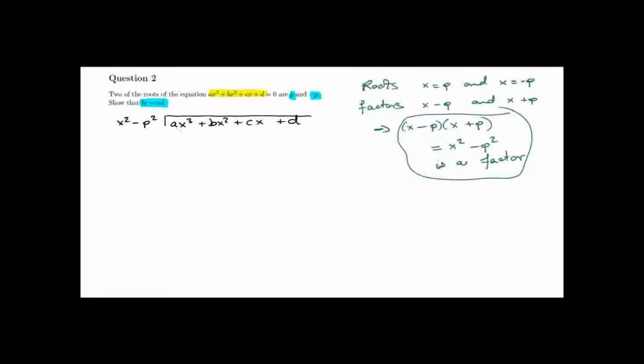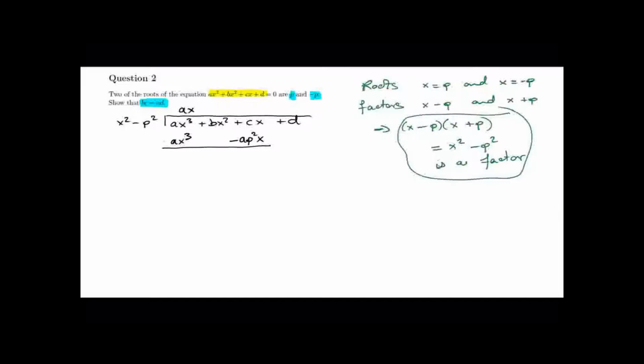Now first off, ax cubed, first part here, divided by the first part here, ax cubed divided by x squared is ax. Ax multiplied by x squared is ax cubed, and ax multiplied by minus p squared is minus ap squared x. Now note where I wrote that. I wrote x's underneath x's and x cubes underneath x cubes, so that's very important.